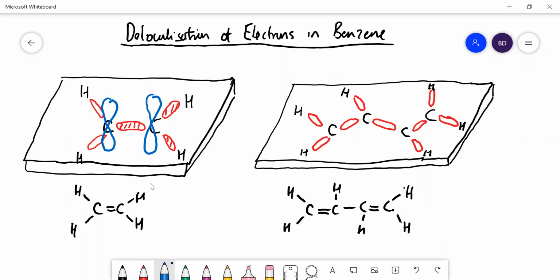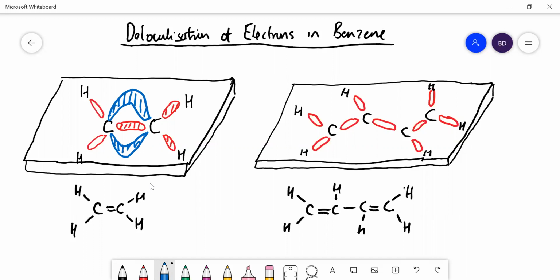And what happens, as we know, is those unhybridized p electrons overlap to form the pi bond. There's our pi bond. So we're going to get electron density above and below the plane of the molecule.